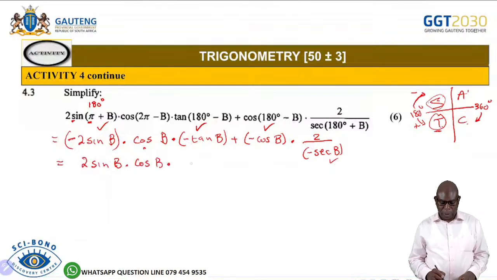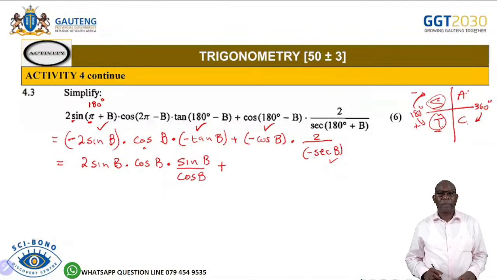Tangent changes to what? Sine of b over cos of b. You already got a mark from there. The negative and the negative will give me a positive times a positive is a positive. Then I'll have the cos of b, but I know that this thing here is 1 over cos over 2.